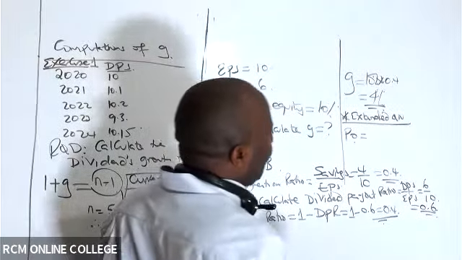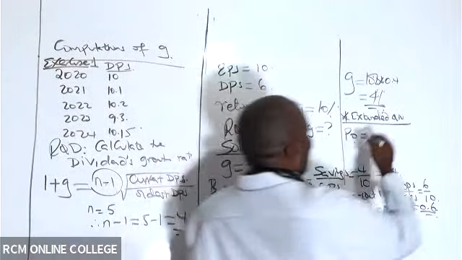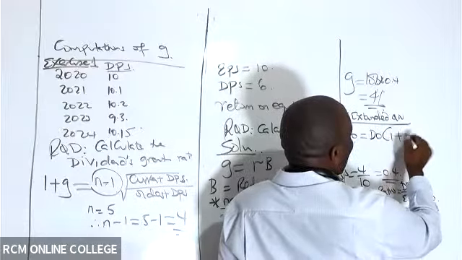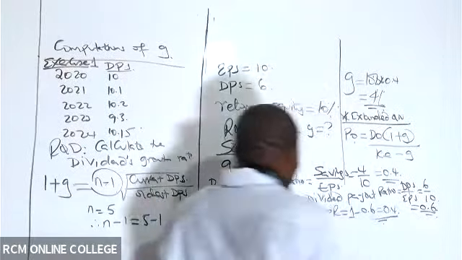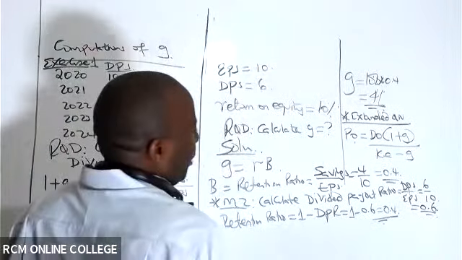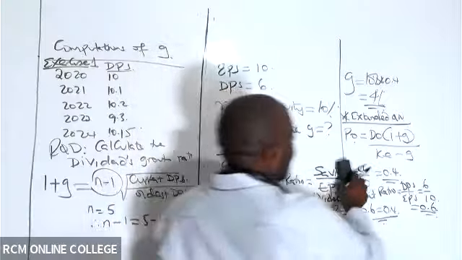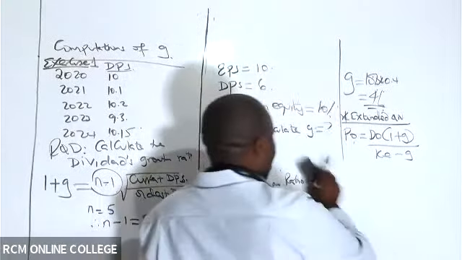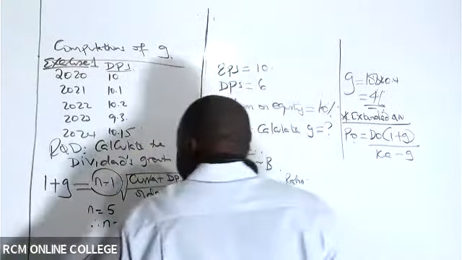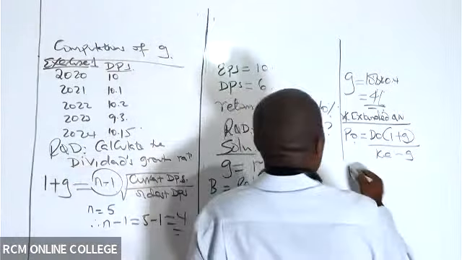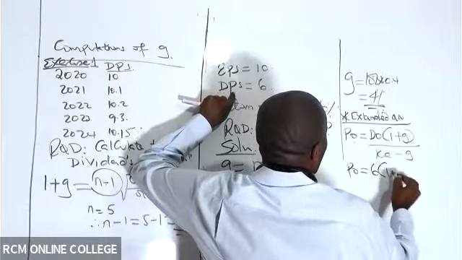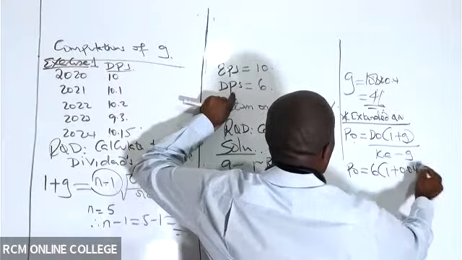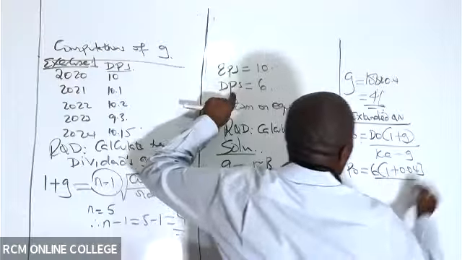If they ask me to give the value of a share using the dividend growth formula, I know this will be D0 into 1 plus g, all over cost of equity minus g. So if I do it this way, I will end up getting P0 equal to the current dividend, which is 6, into 1 plus g, which is 0.04, all over the cost of equity.